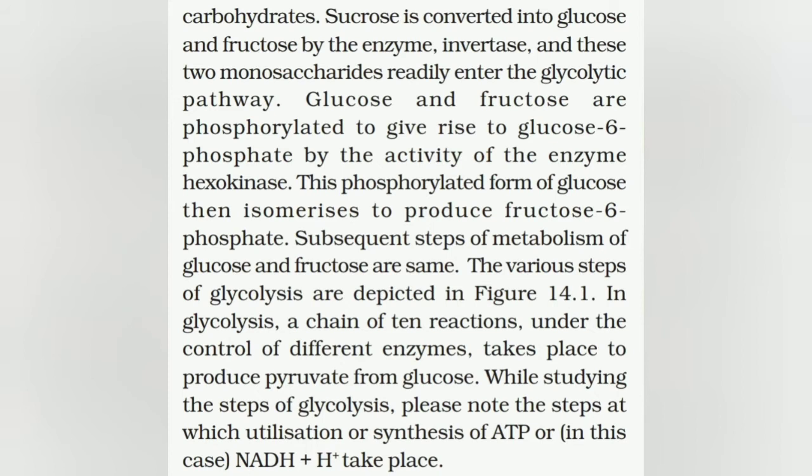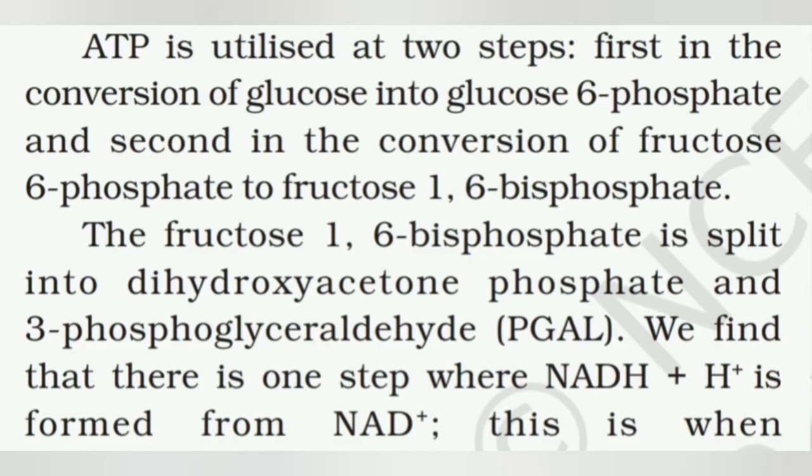So, at which step which enzyme is involved and what is synthesized or utilized, we have to remember. ATP is utilized at two steps. This we have to learn first: at the step when glucose is converted into glucose 6-phosphate, this phosphate comes from ATP. And second, in the conversion of fructose 6-phosphate to fructose 1,6-bisphosphate, again the phosphate comes from ATP.